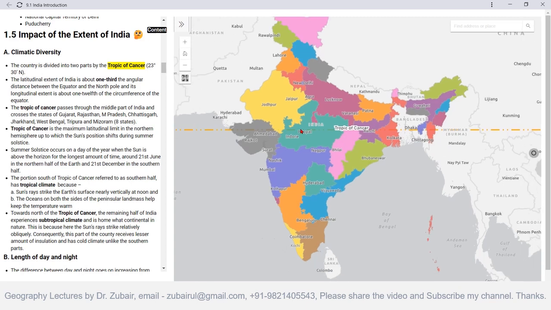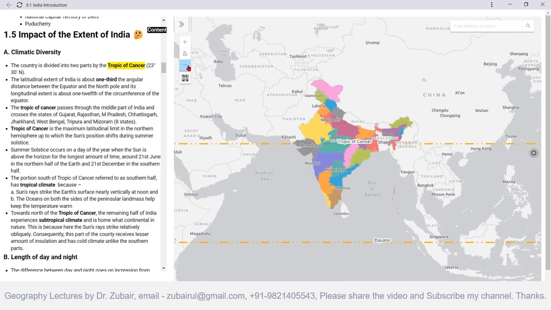Why is this line important? As you can see here, this is the equator and this is the Tropic of Cancer. With the movement of the sun, for 6 months you will find it north of the equator, and for 6 months south of the equator. The sun reaches the Tropic of Cancer at its maximum in the summer solstice in June.